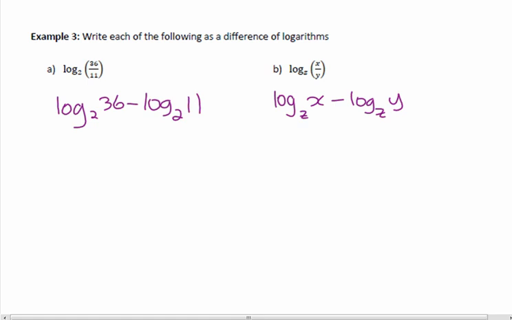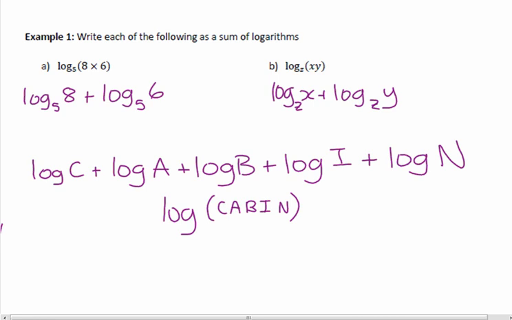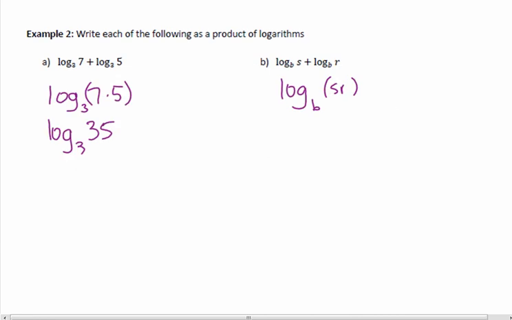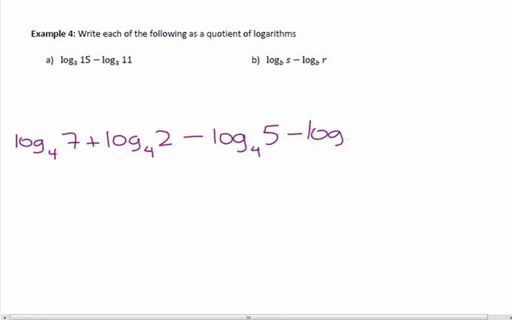What's really nice too with these ones is you can do them all in one step. Like I did the log cabin, right? They all have addition in front, so they are all multiplication. So if I had an example, like, let's do 7 plus log 4, 2 minus log 4, 5 minus log 4, 1.